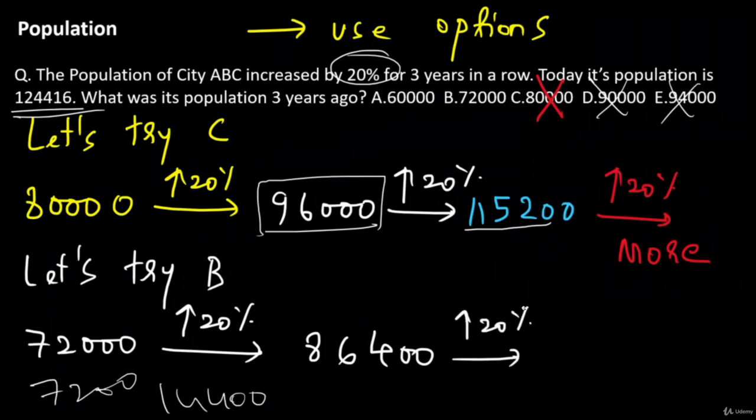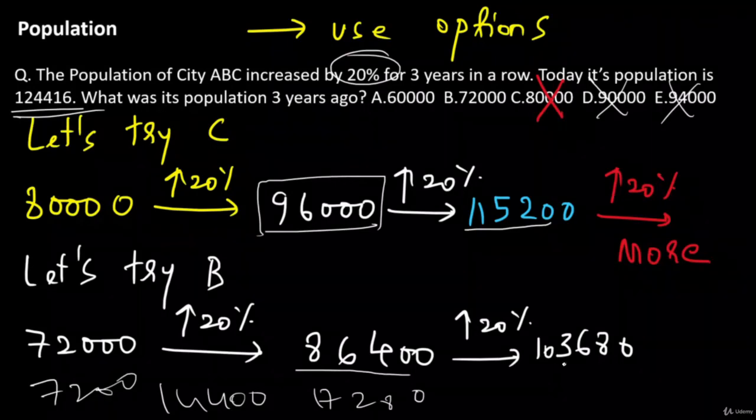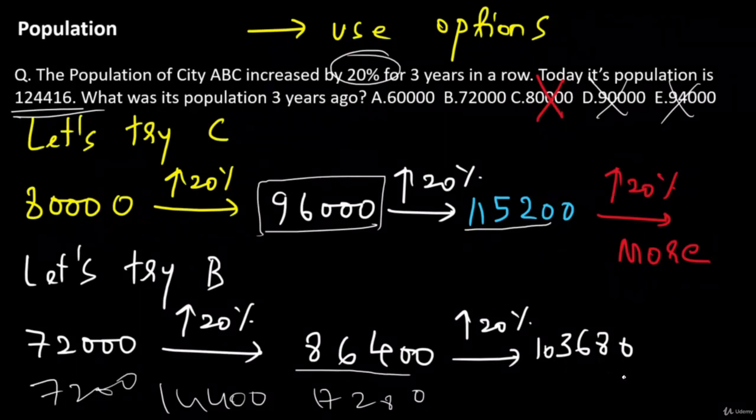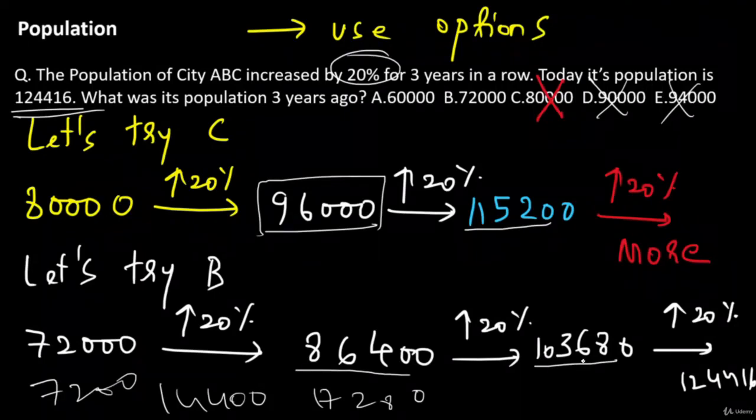Now let's again increase it by 20%. 10% of this would be 8,640. So 20% would be how much? It would be 17,280. You have to add these two values. So you will get 103,680, right? So again, when you add 20% of this, you will get to 124416, right? 10% is 10,368.